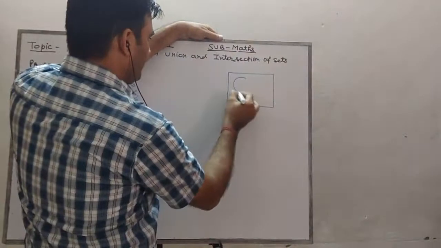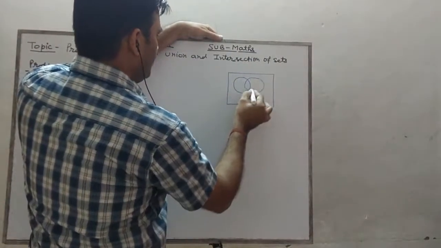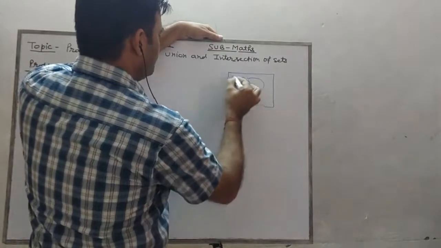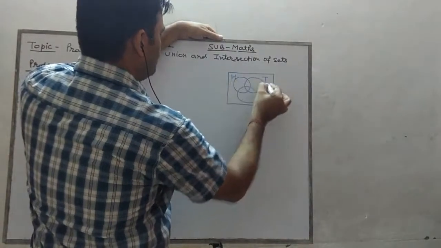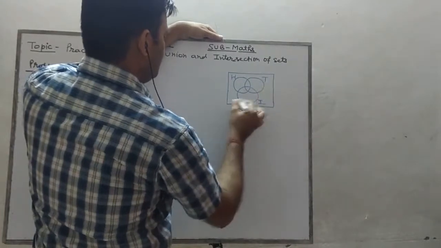This is the group of people who read newspaper H. This is the group who read newspaper T. This is the group who read newspaper I. And this is the complete set.